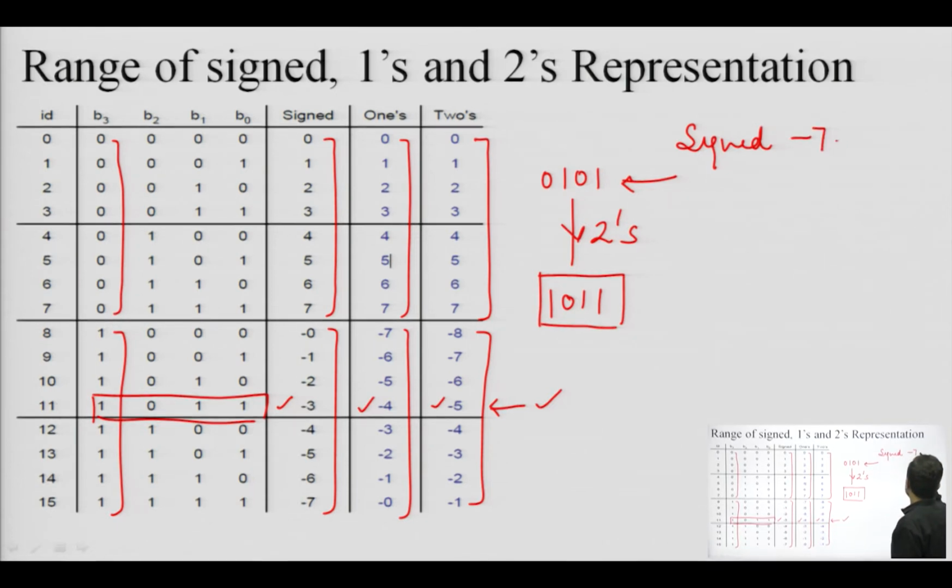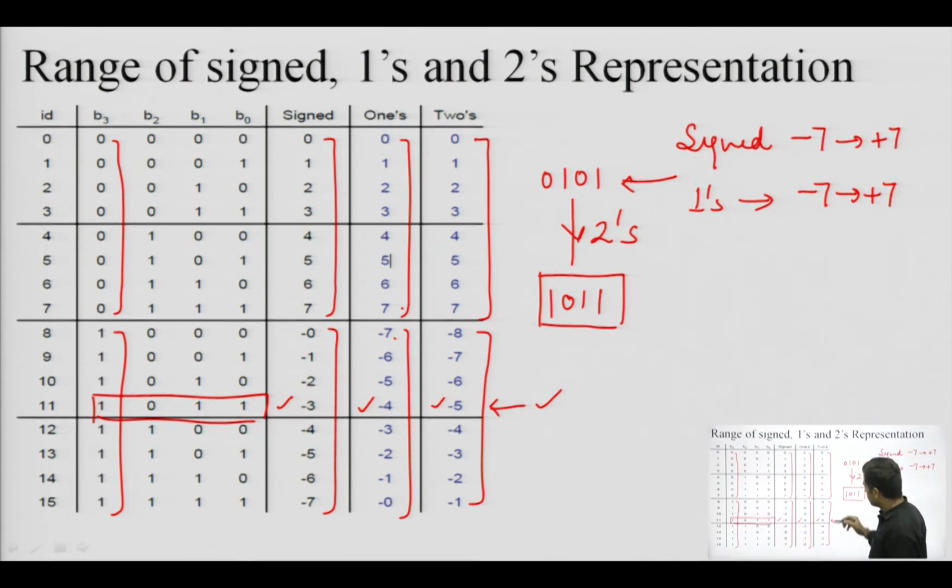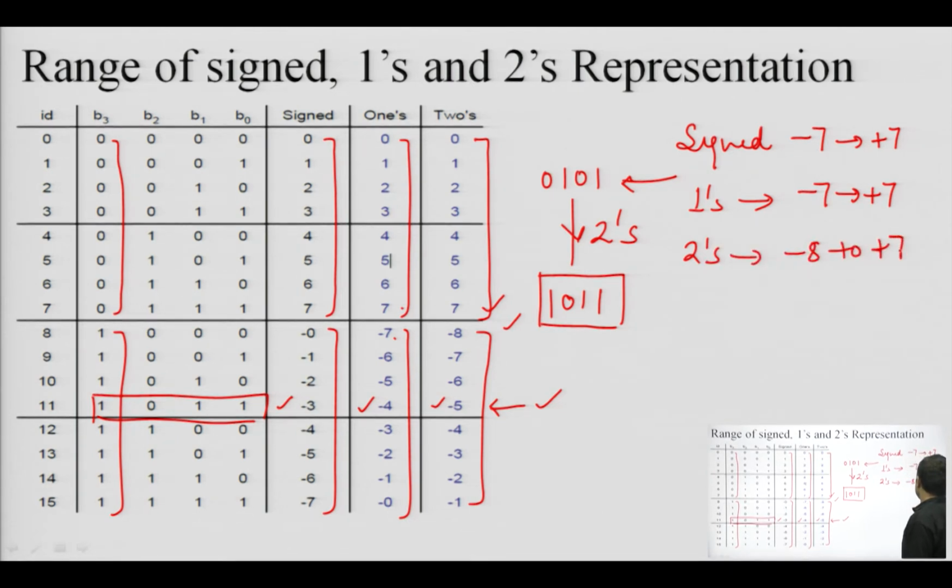Similarly in 1's complement the range is exactly the same, minus 7 to plus 7, but in 2's complement the minimum number is minus 8 and the maximum number is plus 7. So, for 2's complement the range is minus 8 to plus 7.